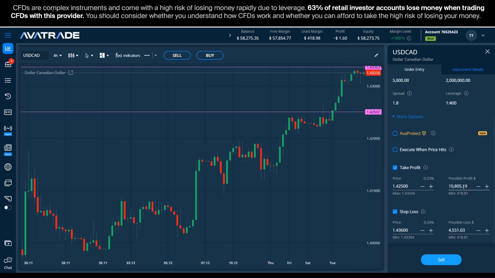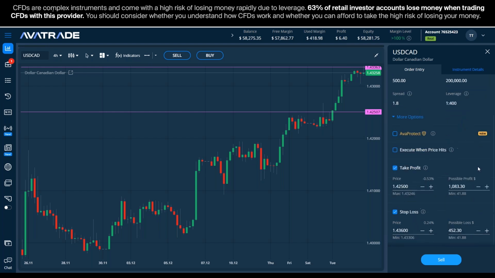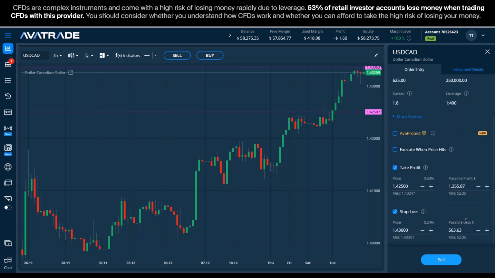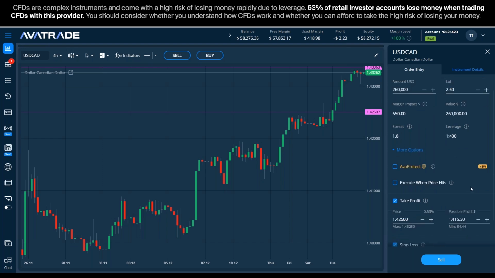And so now I just need to adjust my trade size, like I didn't do on copper before I accidentally clicked buy. Adjust my trade size before I set my trade in motion to be the level of risk that makes sense for me. Okay, so if I go to 2 lots on this, I'm looking at 452. If I want to be risking around 600, 2.5 lots, 563, okay, 2.6 lots.